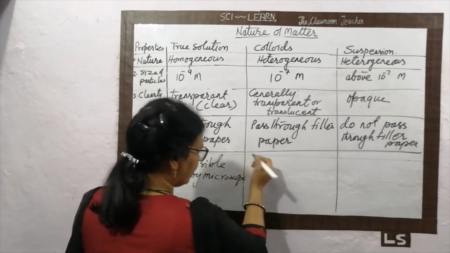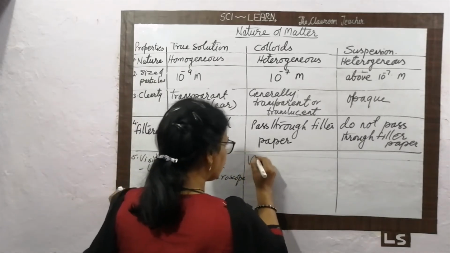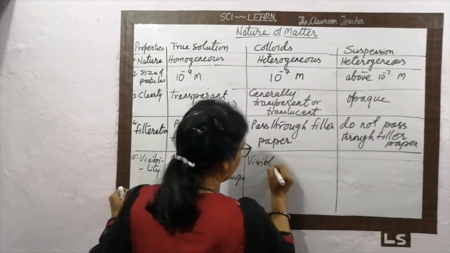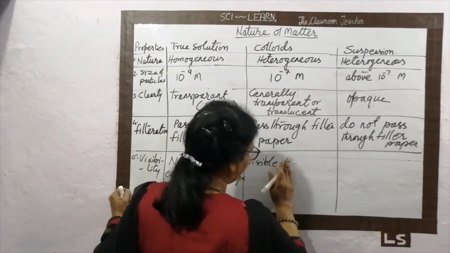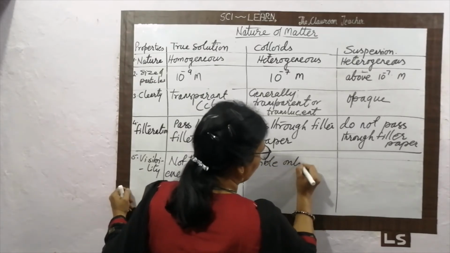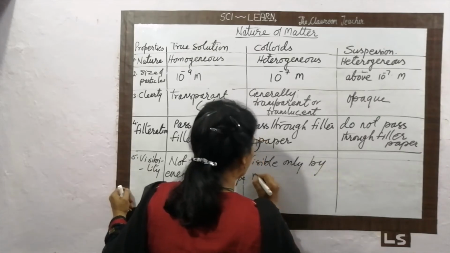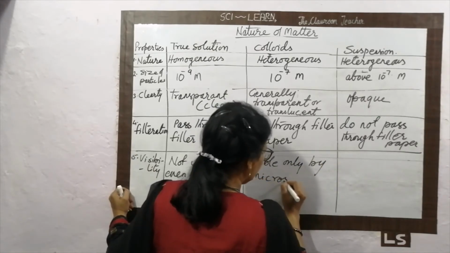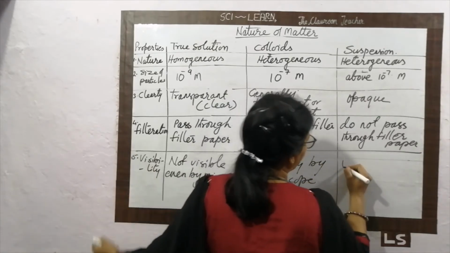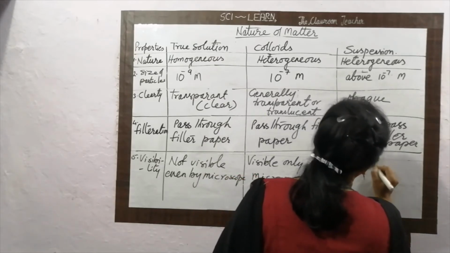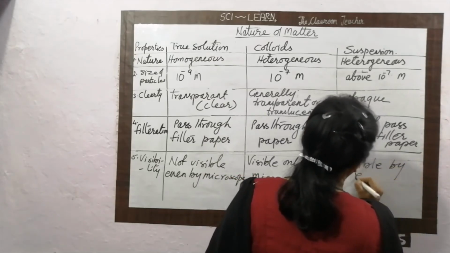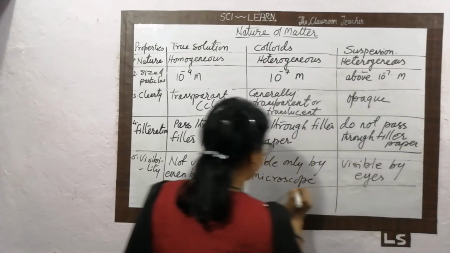But what happens here, in a colloid? It is not visible by the eye, visible only by microscope. But what happens here, in a suspension? It is clearly visible by our eyes.